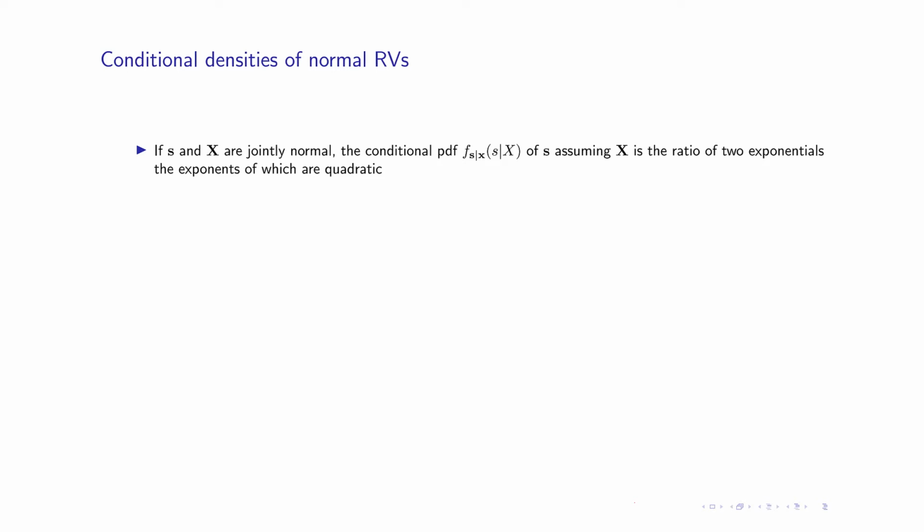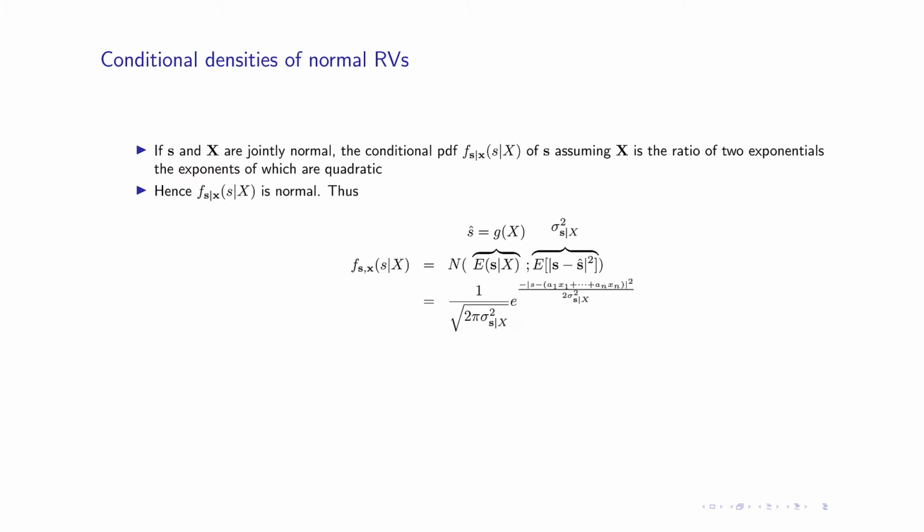If you consider S and X jointly normal, where S is a random variable and X is a random vector, the conditional PDF of S given X, assuming that X is given, becomes the ratio of two exponential functions, and the exponents are quadratic.